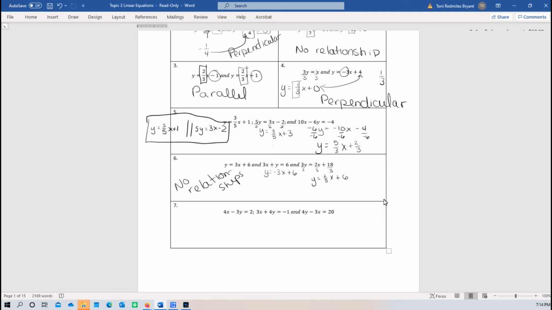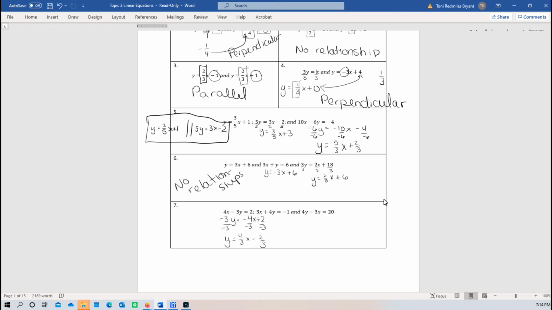All right, first I have to get this in y equals mx plus b form, so let's go ahead and rearrange. Divide by -3, divide by -3, divide by -3. y equals a positive 4/3 x minus 2/3. That's my first one.